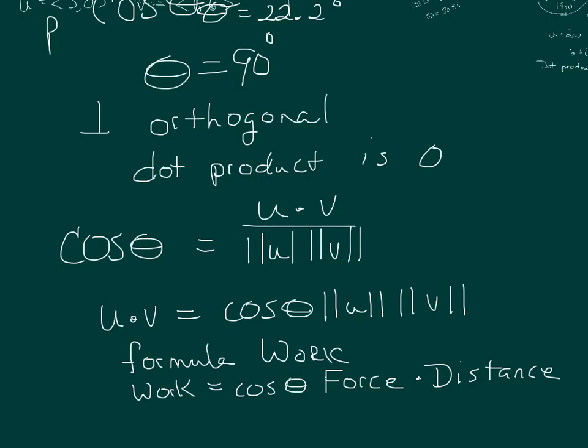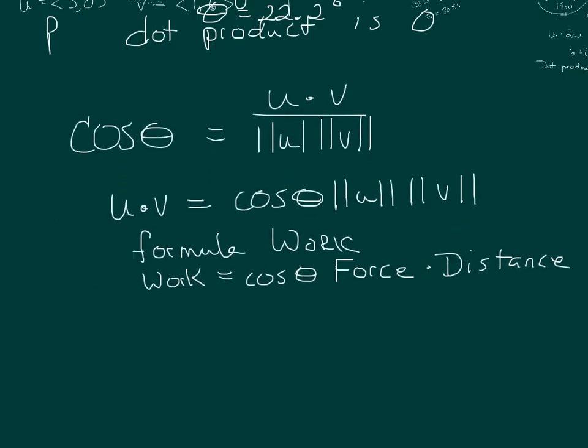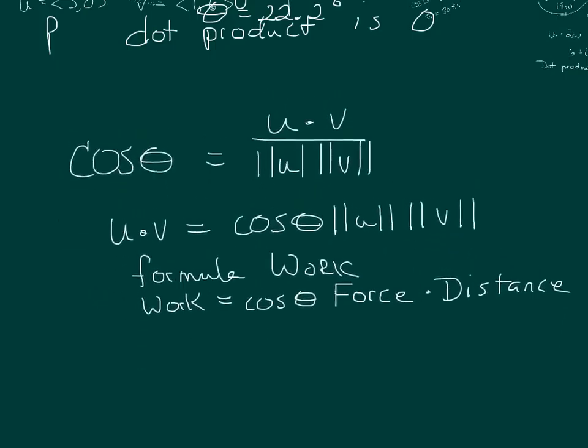It's multiplication. It is just an alternate formula for the dot product. Because we don't really multiply vectors together.